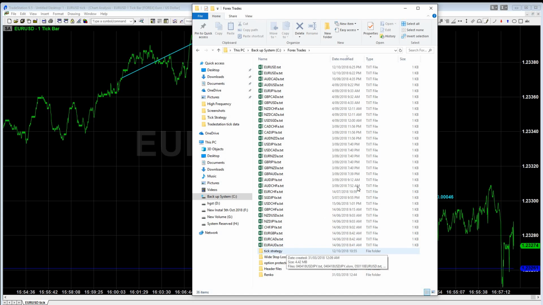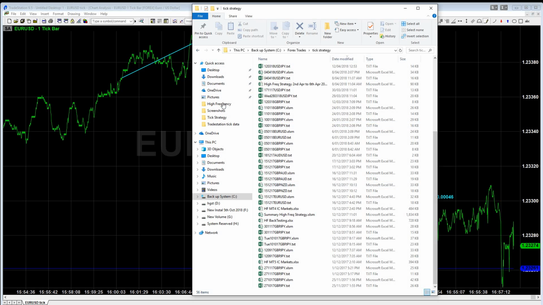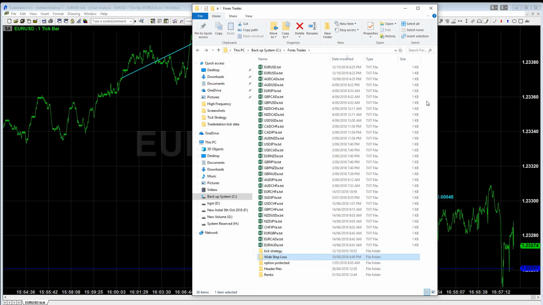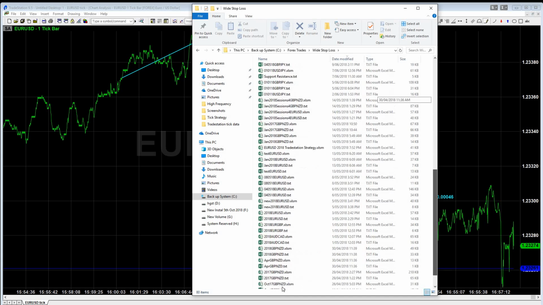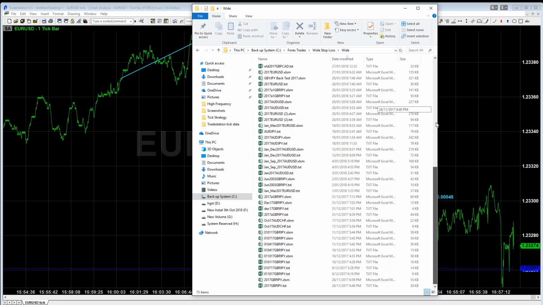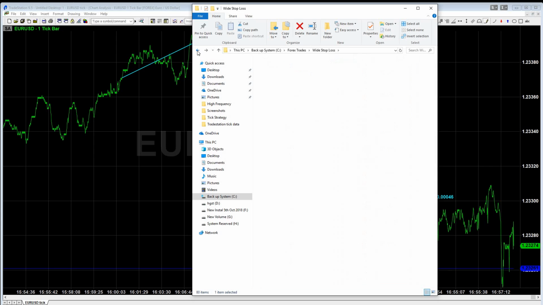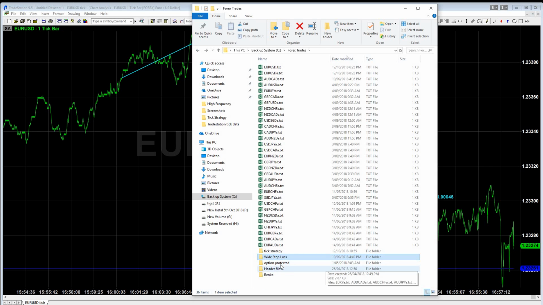You can see there, this is just one hard drive where I've accumulated some of my research. I have bucket loads of this. This is a well thought out, well tested strategy, and the last step remaining is to automate it with some software. We also have an option protected strategy, but that's a whole other story.